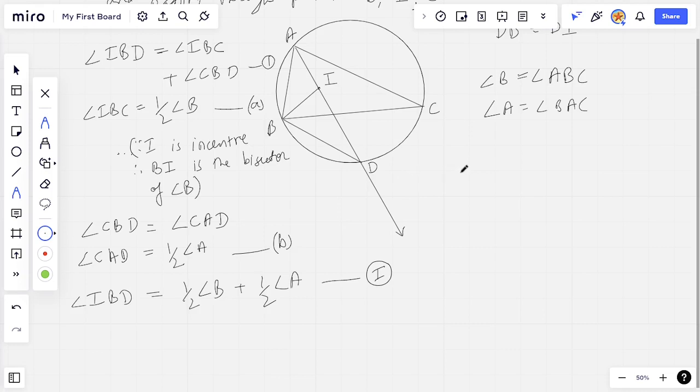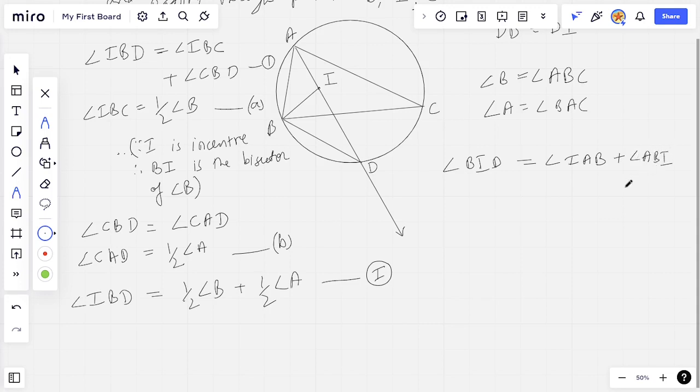Now consider angle BID. Angle BID is the external angle of triangle BAI. So angle BID is equal to angle IAB plus angle ABI.